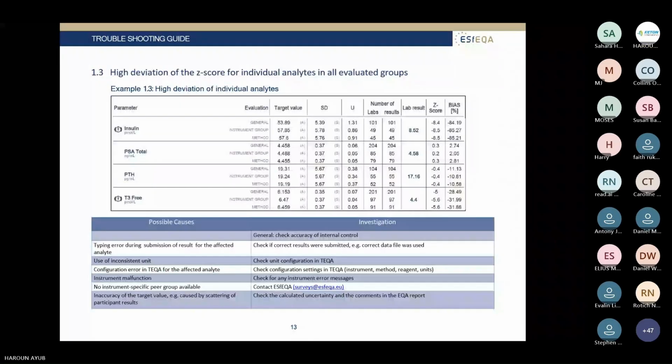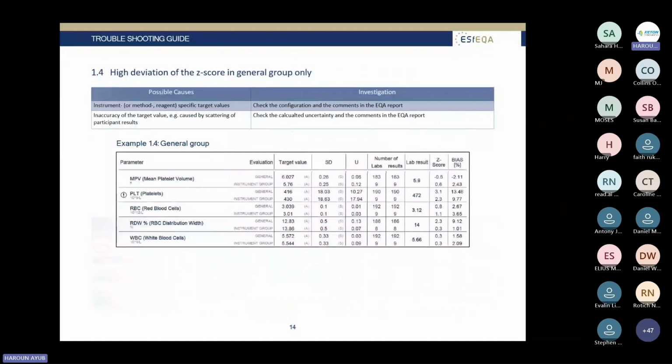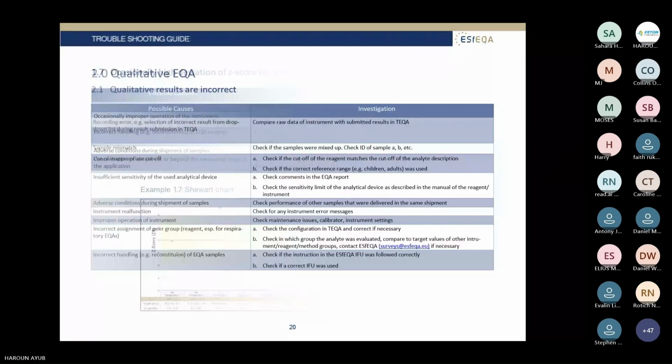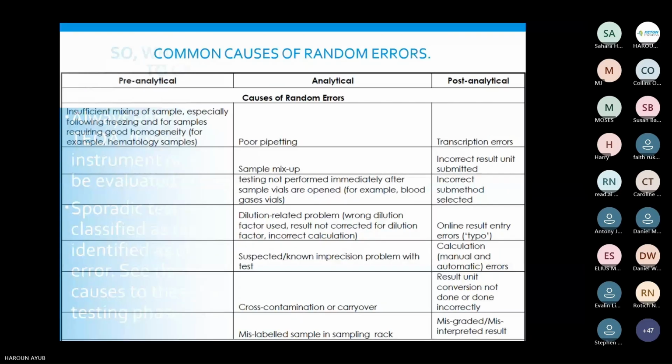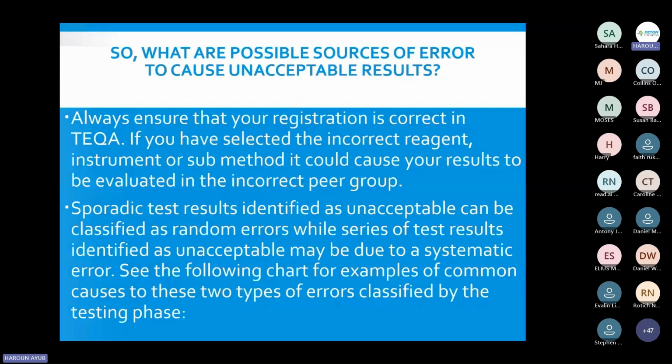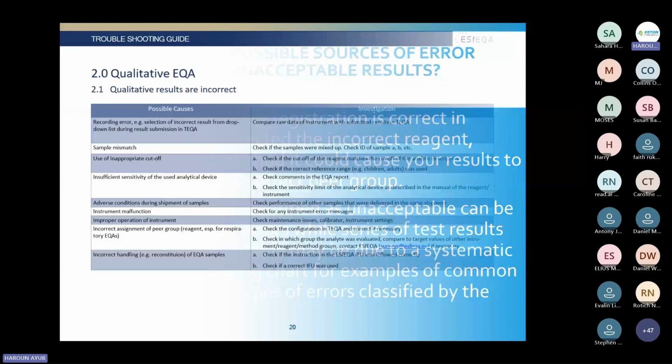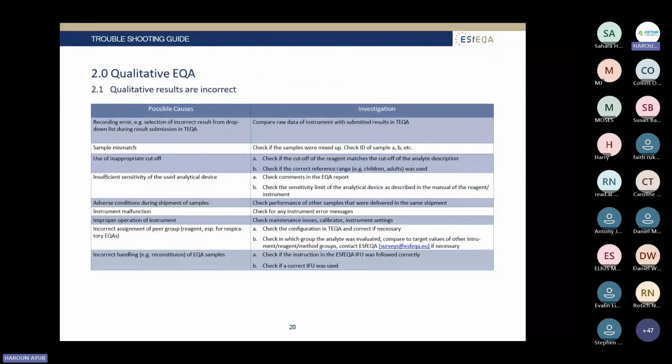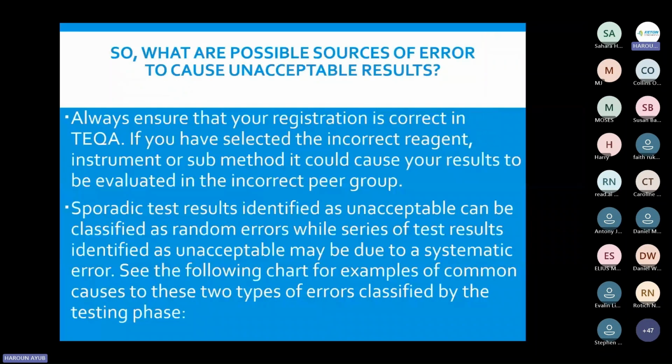So ask the question and see how we should be able to answer them. What are the possible sources of errors that cause the unacceptable results? Always ensure that your registration is correct in Tika. That's the first thing that you need to make sure you have done.